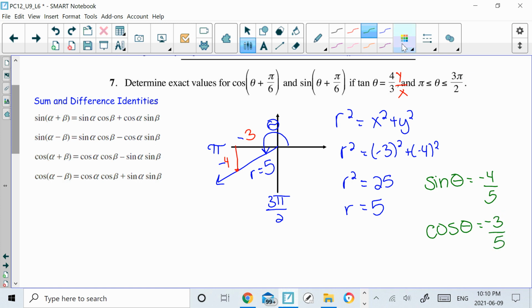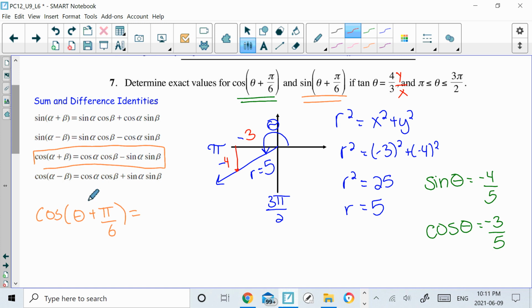Okay, now that I have that, I'm going to determine the exact value for this and the exact value for this. So I've got two different identities happening. This identity here is a sum identity for cos, which would be this one. So that identity, let's actually write that down. The cos of theta plus pi over 6 is equal to, so let's identify alpha and beta.